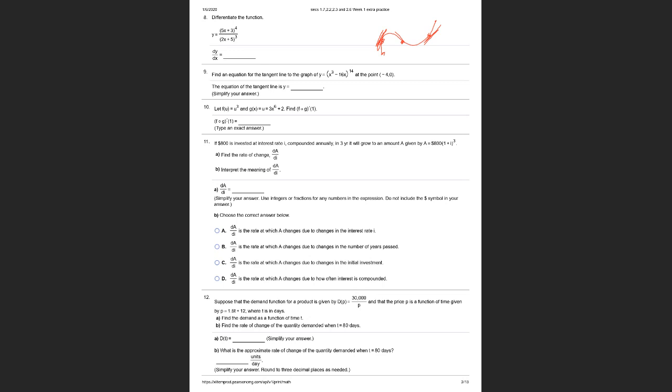And remember, the first thing I want to do is to find the slope. And remember, I will use the point slope formula when I finish. y minus y1 is equal to slope into x minus x1. I don't have the slope yet, so I want to find y prime. y prime is going to be my slope. So let me rewrite this.